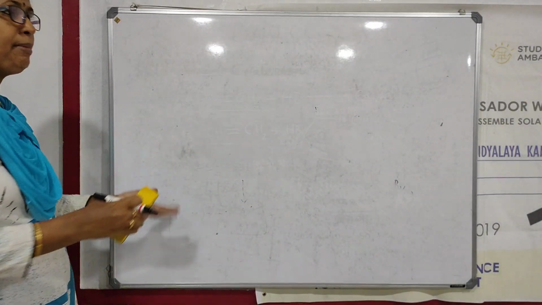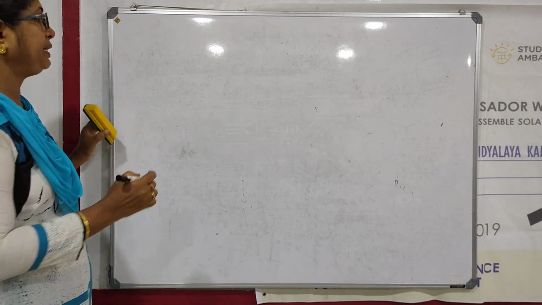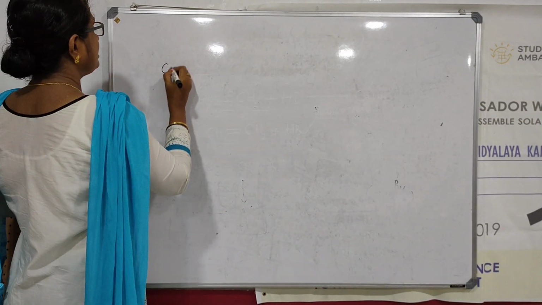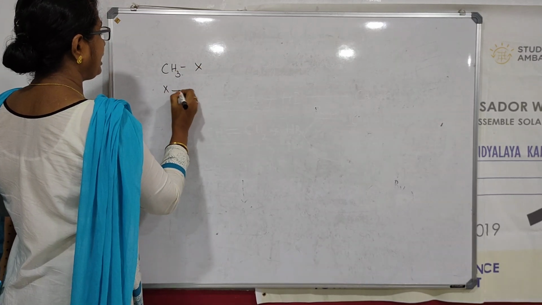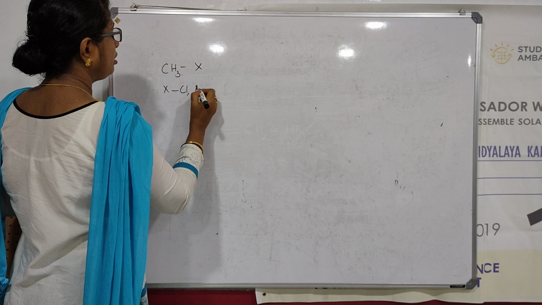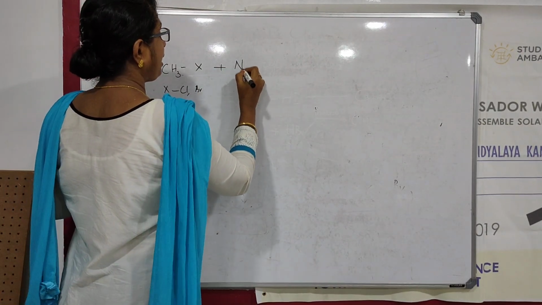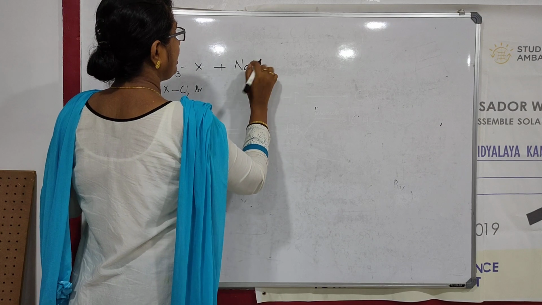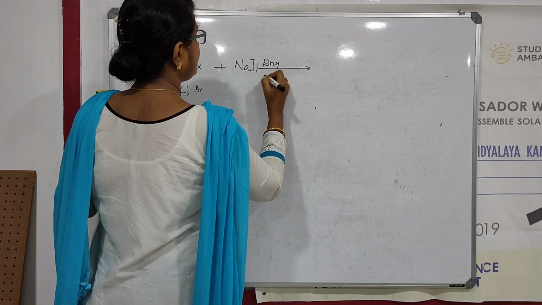Now some haloalkanes can be converted to others by some reaction. For example, CH3X, where X can be either a chloro or bromo derivative. If it is treated with sodium iodide in dry acetone, the reaction takes place.